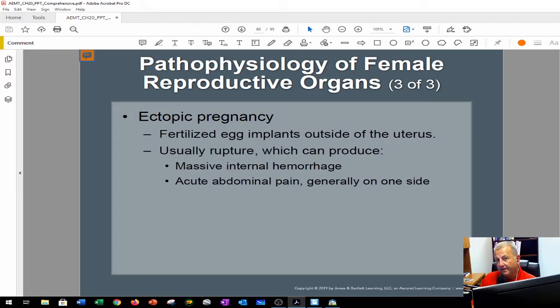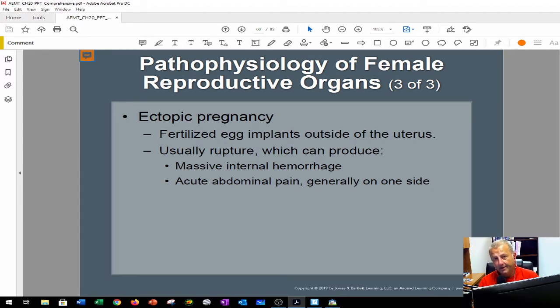Ectopic pregnancy is a killer. That's the reason why in EMS, even inside the ER, a female of childbearing age with abdominal pain is ectopic pregnancy until proven otherwise, period. Because you can't go wrong with going with the worst. This is when that fertilized egg gets stuck in the fallopian tube.